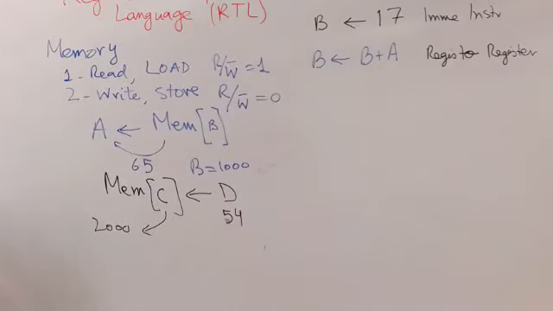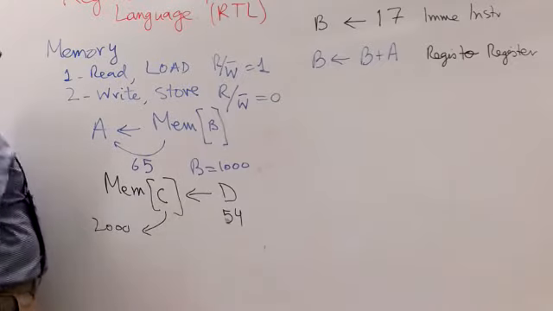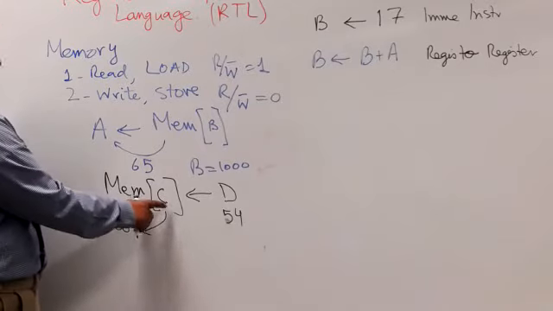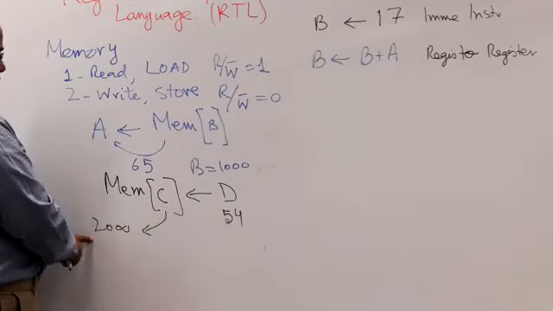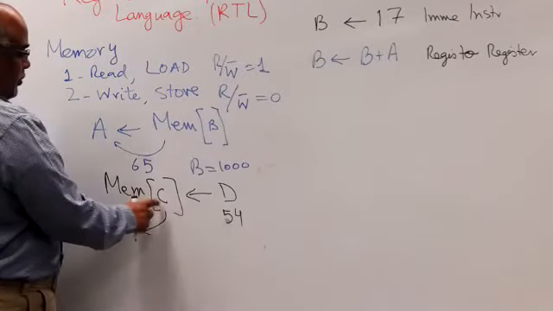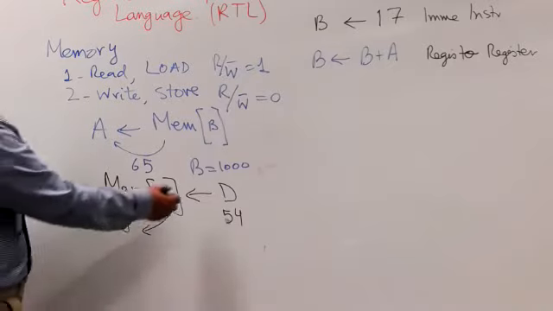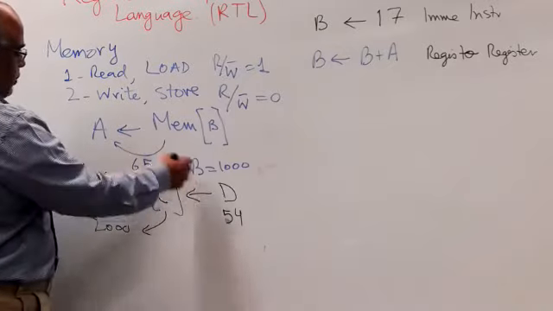But C, which holds the address 2000, is stored in C. So it will not make C equal to 54. C is a register, 2000 will not become 54. C will remain C. The nature of C is different and the nature of D is different. C is an address register, D is the data register, and over here this is a location in the memory.